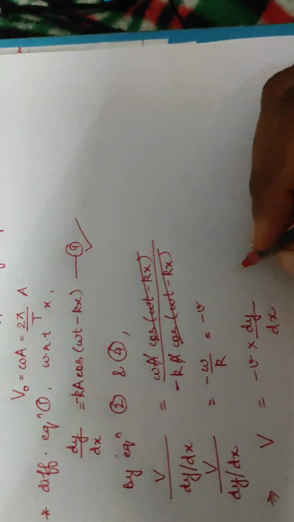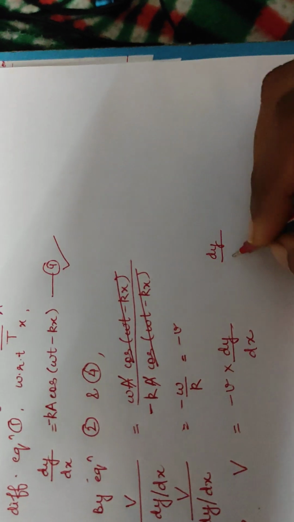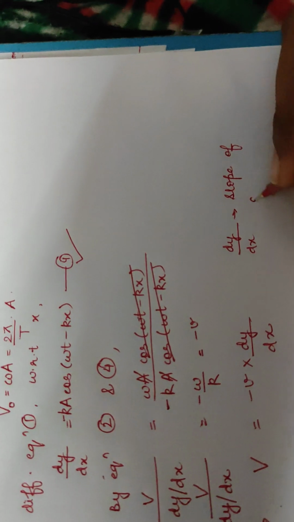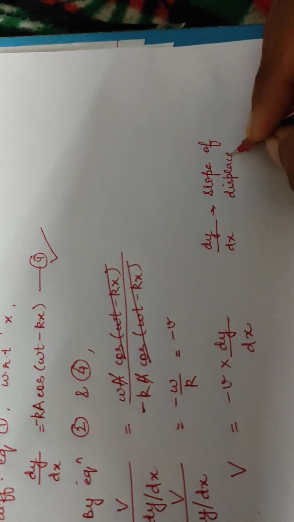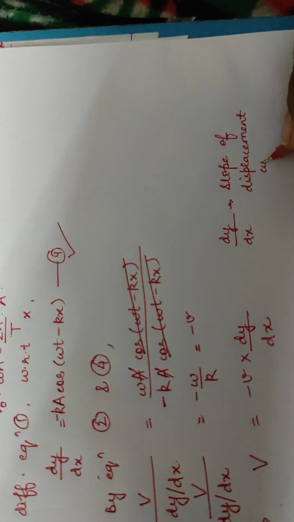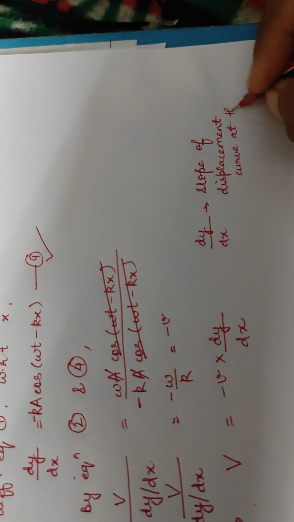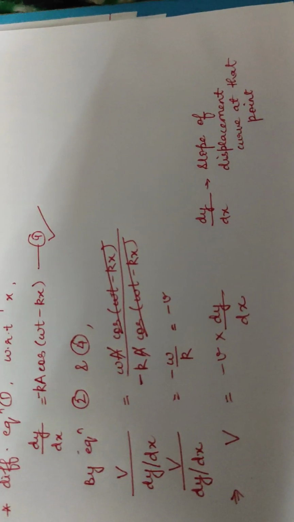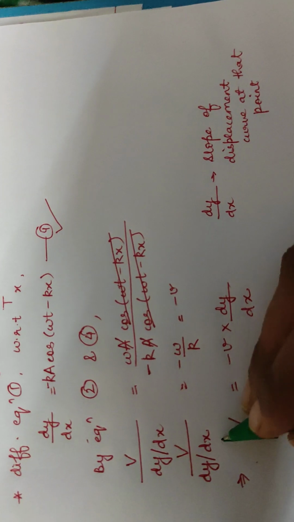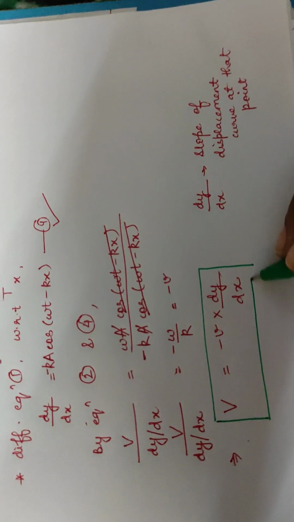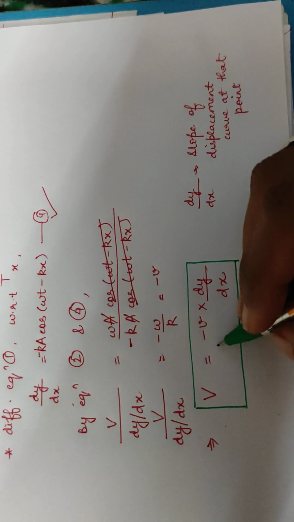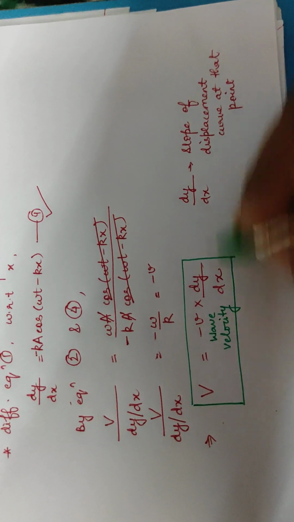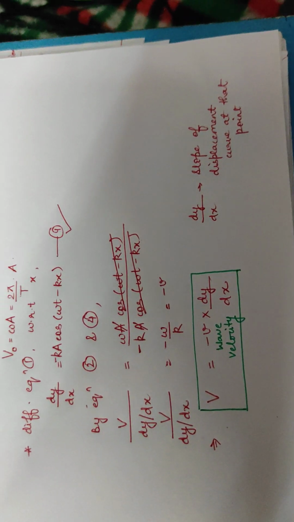Now, what is dy by dx? dy by dx is the slope of the displacement curve at that point at which the particle is lying. So we have also derived that particle velocity is equal to minus v, the wave velocity, into dy by dx, the slope of the displacement curve at that point.